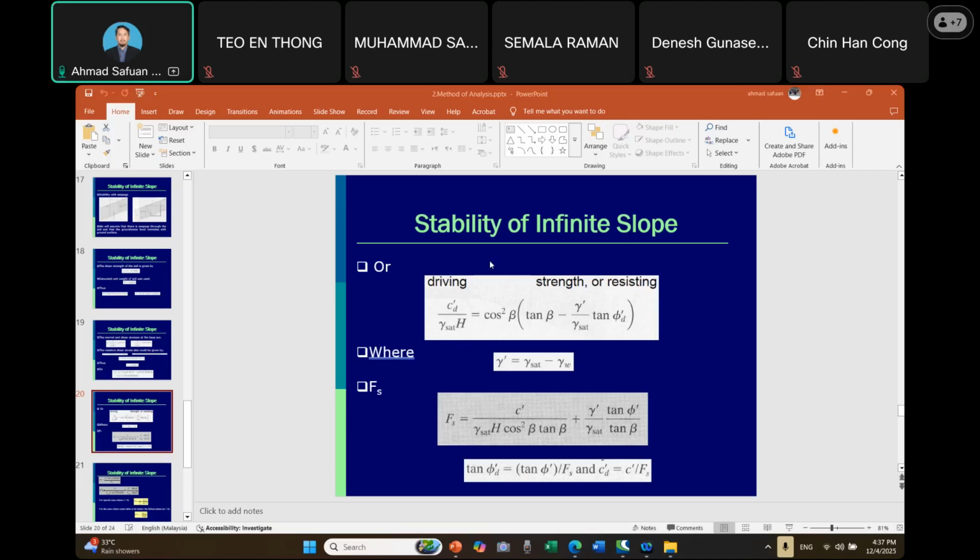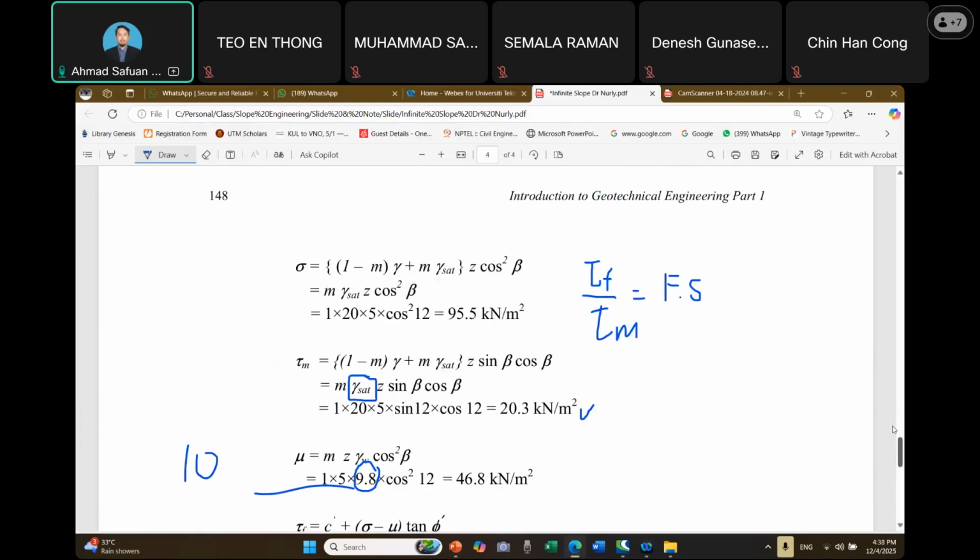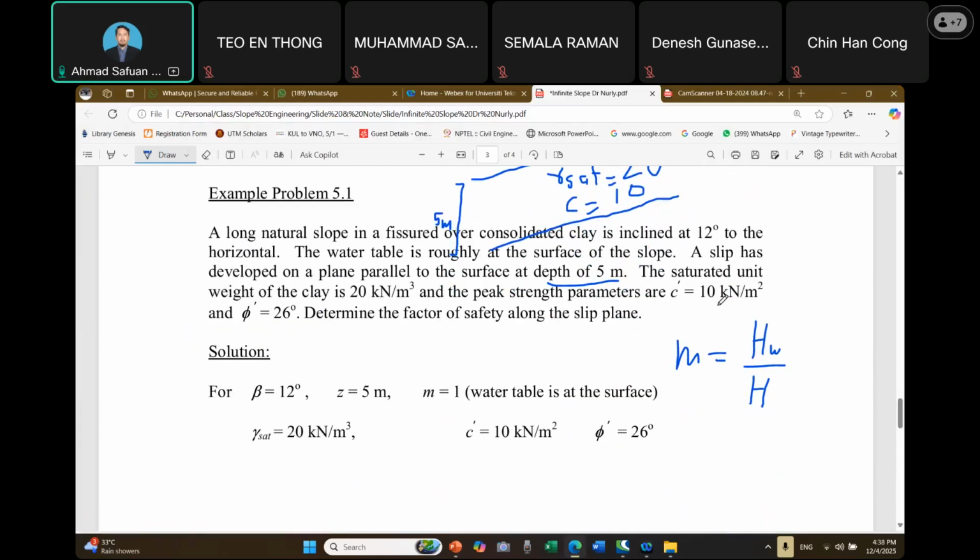So that is for the M approach. It's still a conventional method. However, at least you understand that if you deal with different types of water level, then you can use these methods.